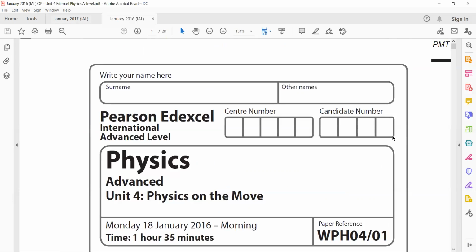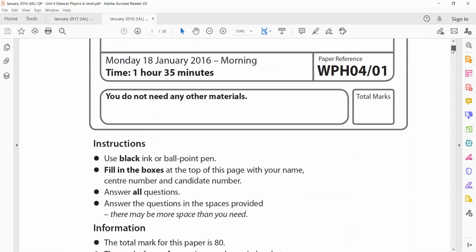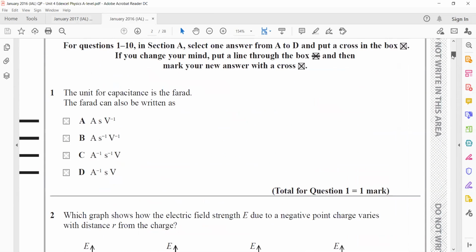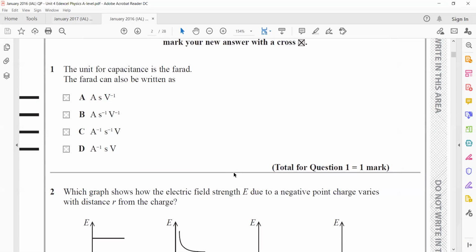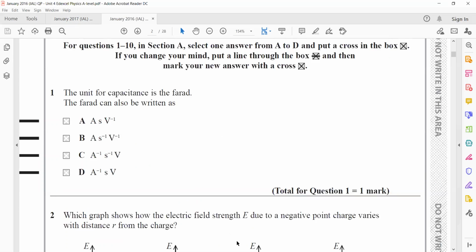This one is the January 2016 paper. The unit of capacitance is the farad. The farad can also be written as what?